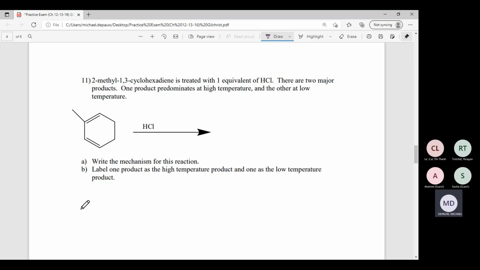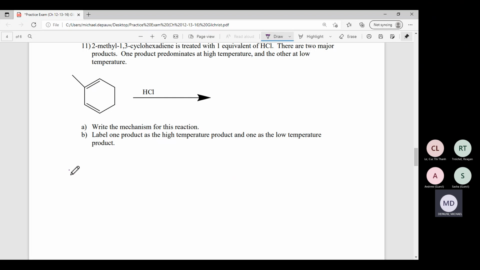Okay, so what is the mechanism for this reaction? Whenever you're looking at a diene and you have HCl adding to it, you're going to want to see which is going to give you the most stable carbocation.